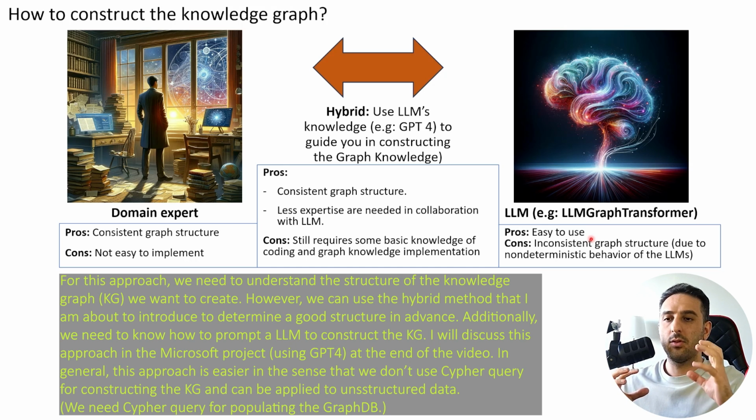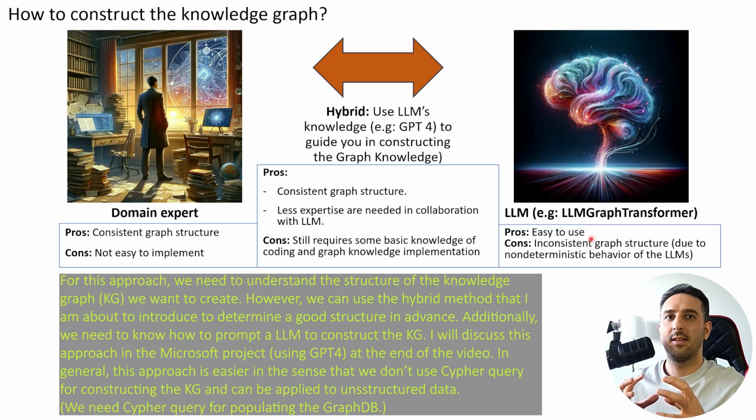As you know, large language models are non-deterministic, which means that when you pass an input to them, the output is going to be generated based on the probability of the next token. So if you pass the same input to a large language model, there is a chance that the output differs after a couple of runs.